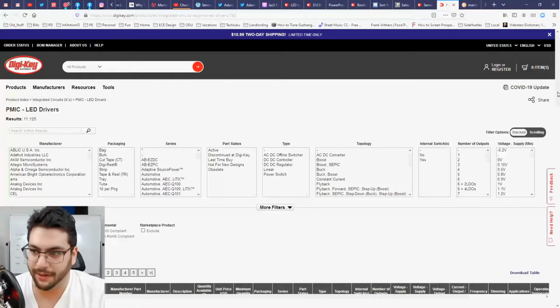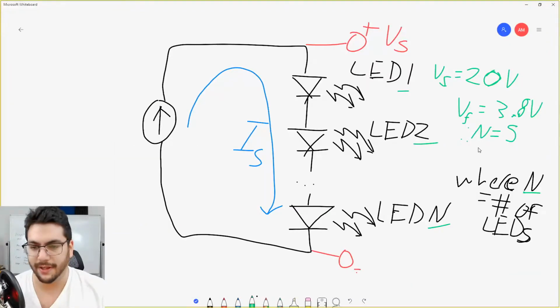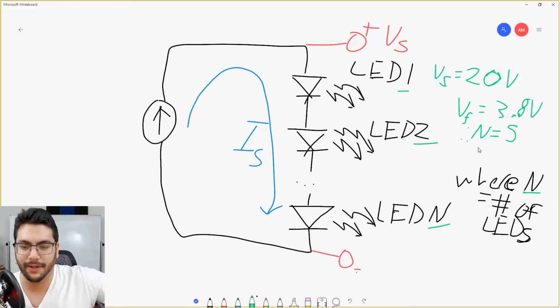So the worst case scenario for the number of drivers is that if I want absolute maximum flexibility, I would need to have each of these LEDs have its own driver.